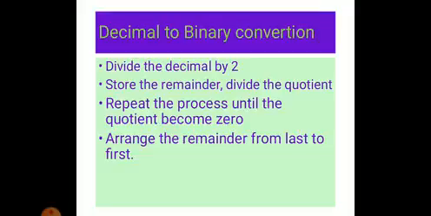I just wanted to give some recapitulation. Now we will enter into the conversion method. Now we will see converting decimal to binary.